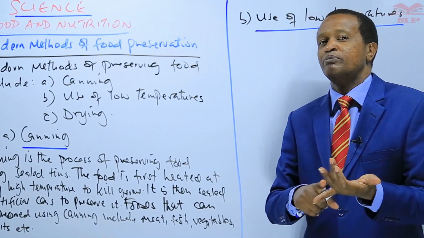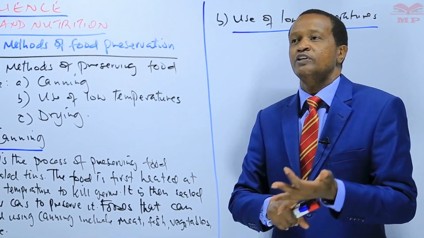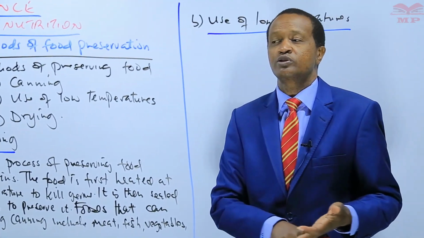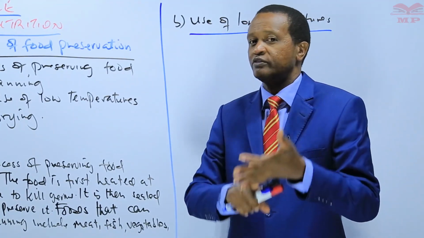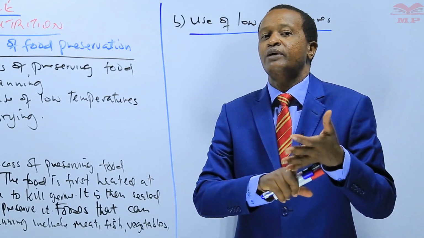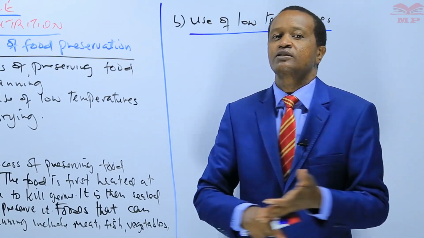And we have foods like meat, fish, vegetables, and fruits. These foods can be preserved by storing them under low temperatures.